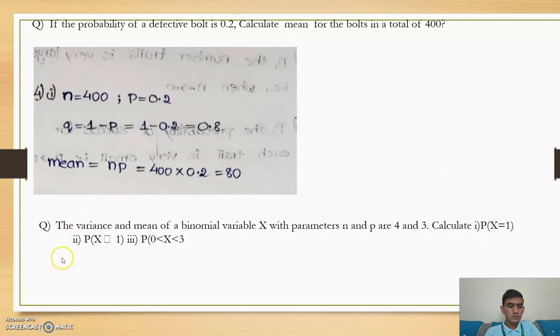Now we will see one more numerical. The mean and the variance of the binomial variable X with parameters n and p are 4 and 3. We have to calculate P of X equal to 1, P of X greater than or equal to 1, and P of X between 0 and 3.